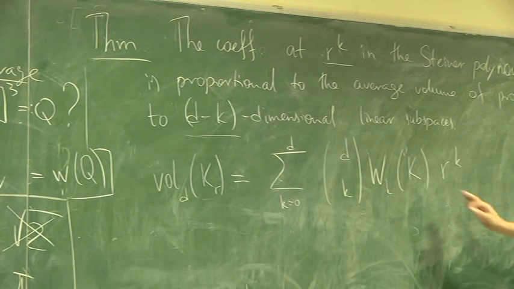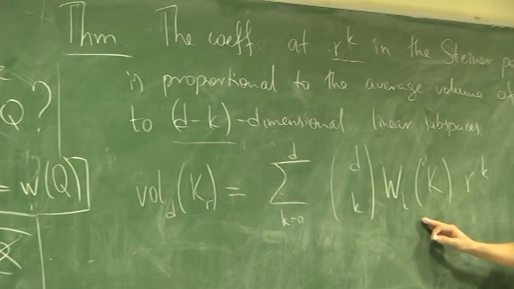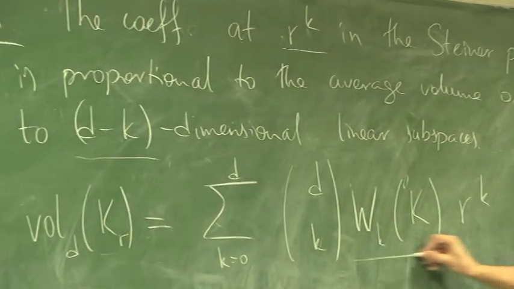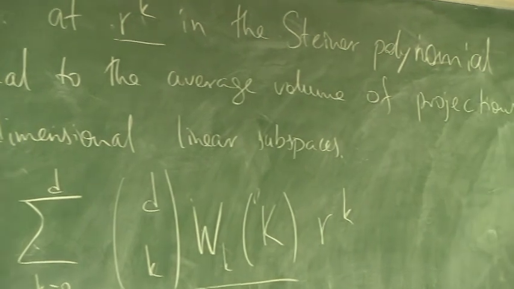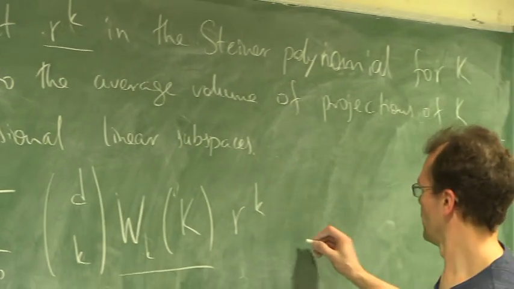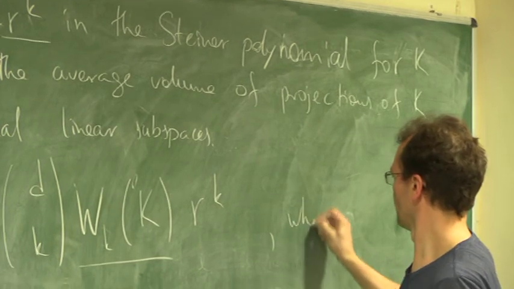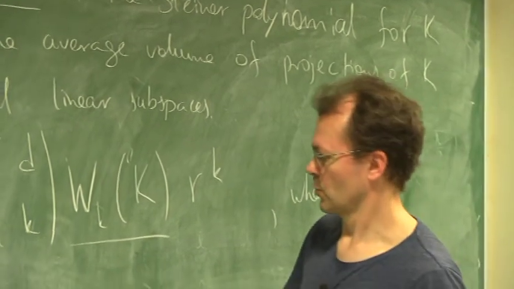So this is just some normalization for the coefficients, and this W_k of K.